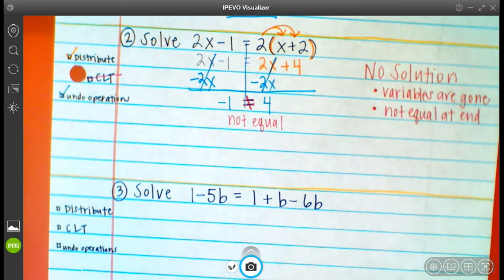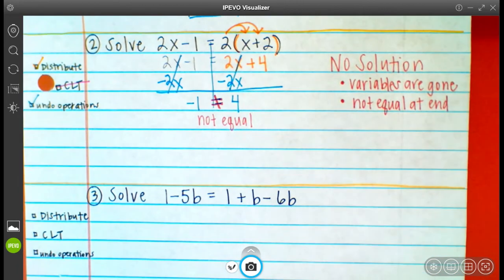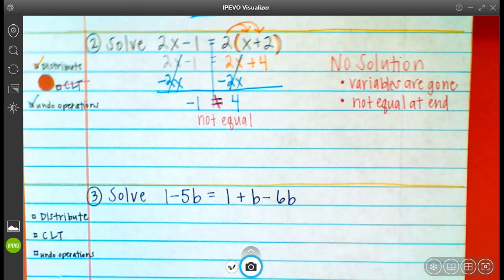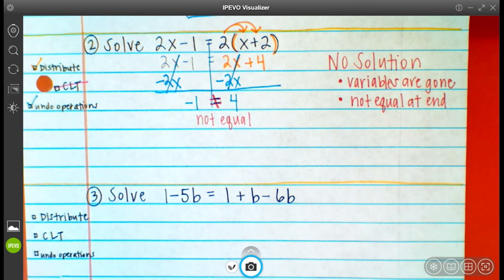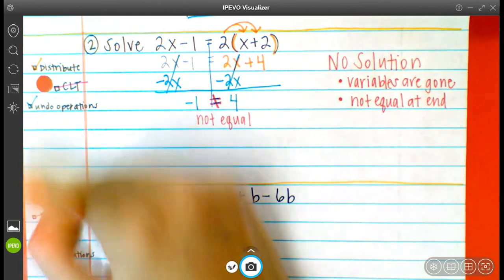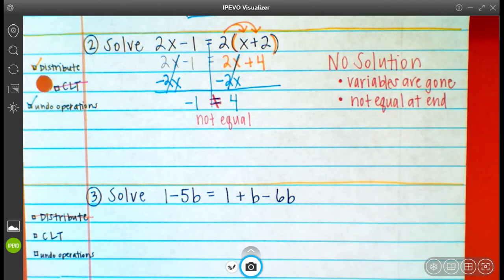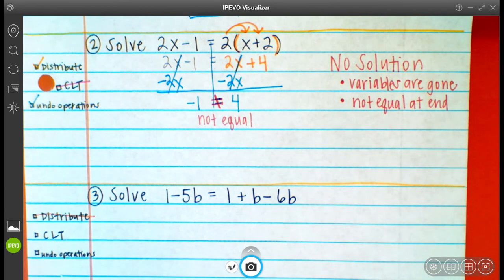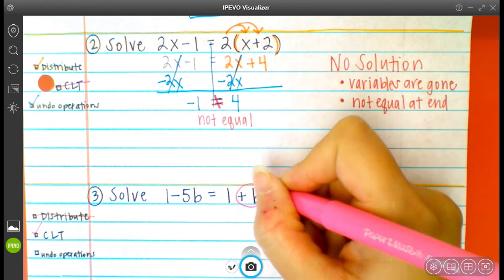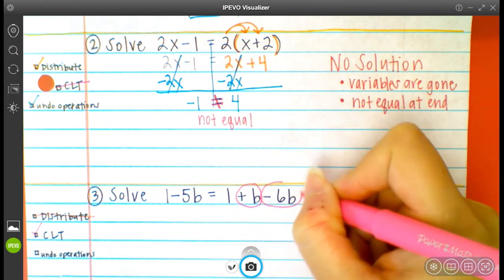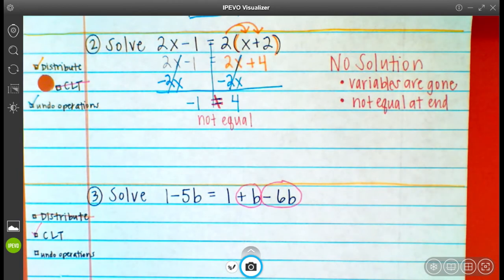So let's take a look down here at 3. Do we have any parentheses? Nope. So no distributing. Do I have any like terms that I can combine on the same side? And I hope you'd say yes, because we have a positive 1b, and we're taking away 6 b's on the right.